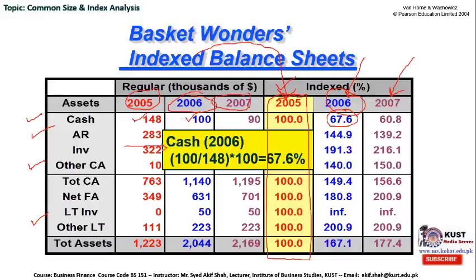You can see that 100 is divided by 148 and then multiplied by 100 will give you the 67.6%. As we can see that previously in the base year our cash position was 148. However, in 2006 our cash has reduced to 100. Therefore, it has also been expressed in the percentage that our 2006 cash is actually 67.6% of 2005 cash position.